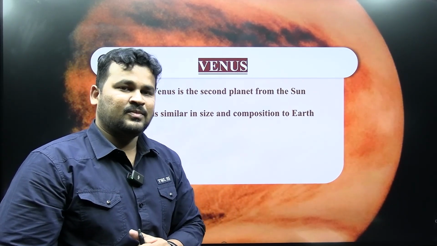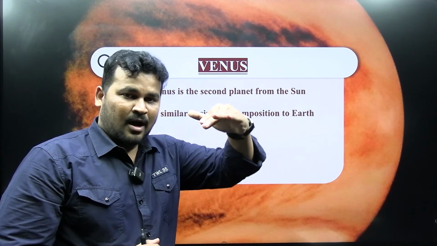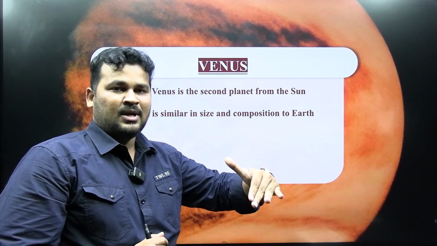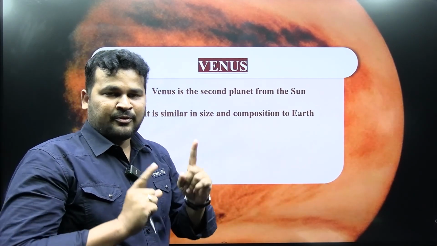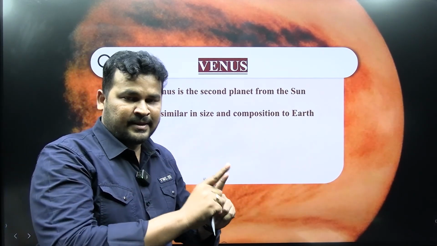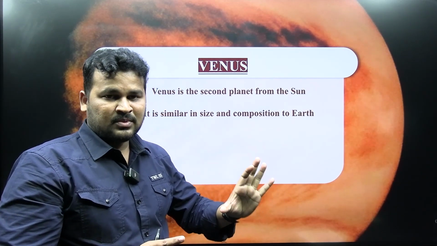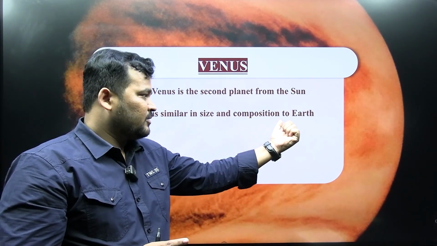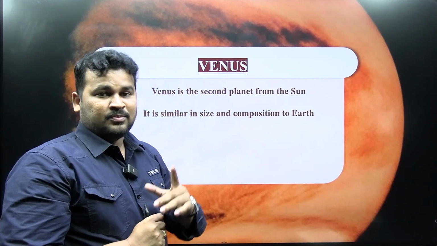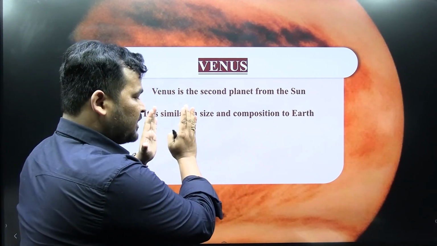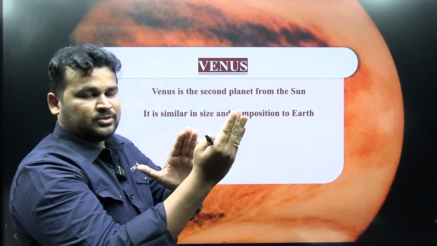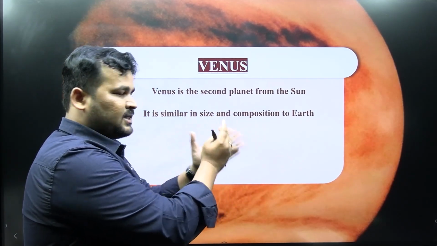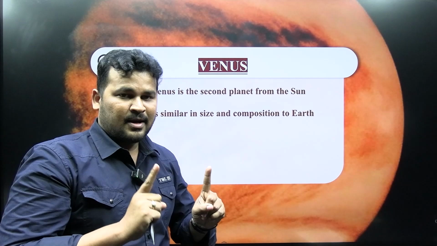Some may think that the atmosphere on the Earth is similar to the atmosphere on Venus. Never. The size and composition of the Earth are similar to Venus, but not the atmosphere.